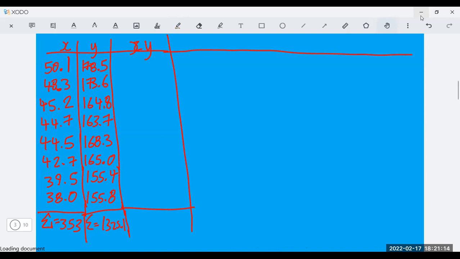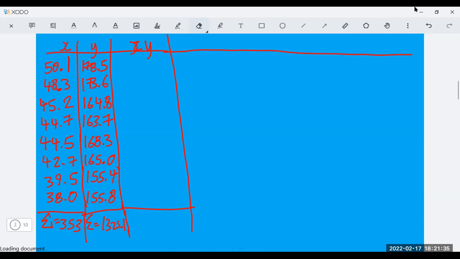All right, so let's multiply them. We'll multiply X times Y, 50.1 times 178.5. That's a big number, 8942.